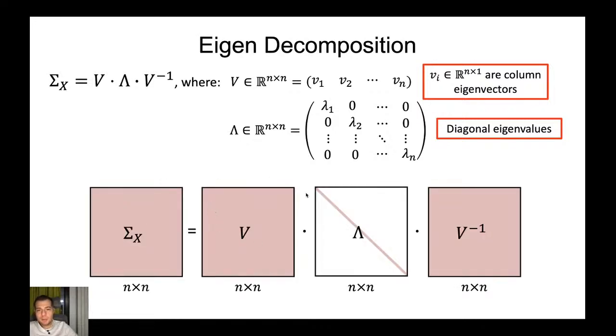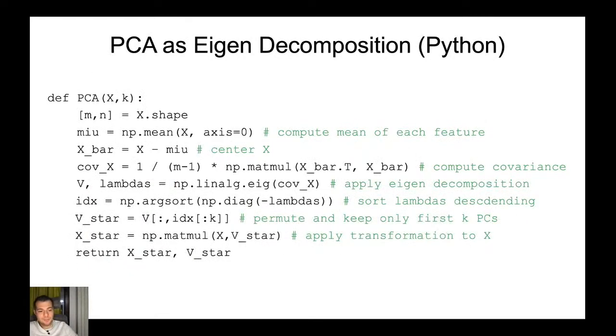And here we just apply a matrix decomposition algorithm in order to obtain the eigenvalues and eigenvectors. Okay, so one possible implementation of PCA in Python would be to use this approach. First, in these lines we compute the covariance matrix.